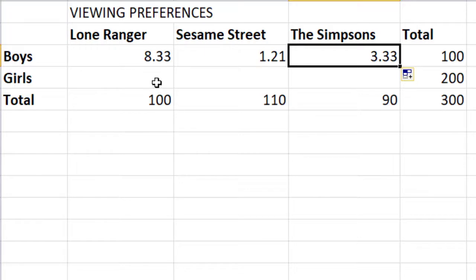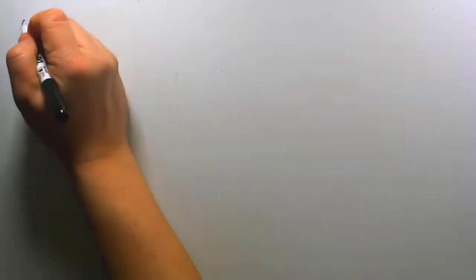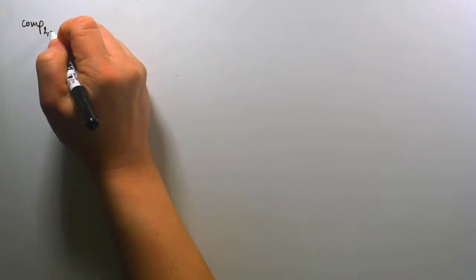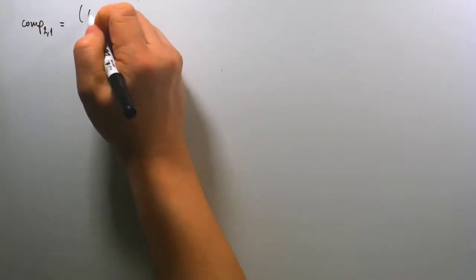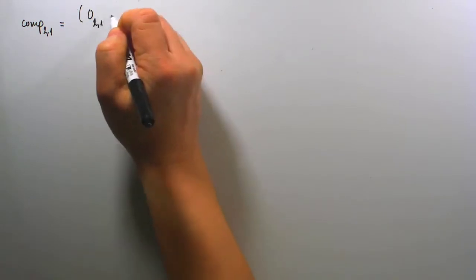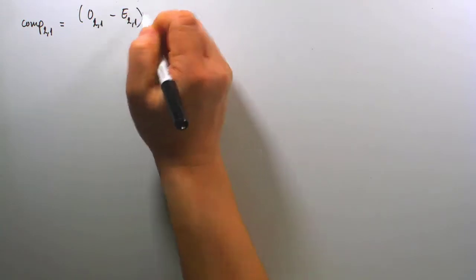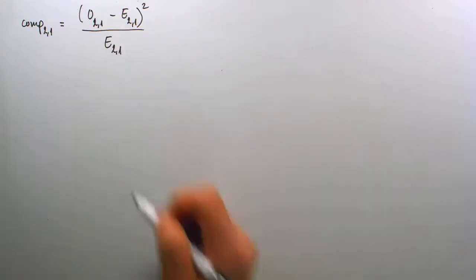So let's now move on to the next one, row 2 and column 1. The component in row 2, column 1 equals the observed count in row 2, column 1 minus the expected count in row 2, column 1, square the difference and divide it by the expected count for row 2, column 1.